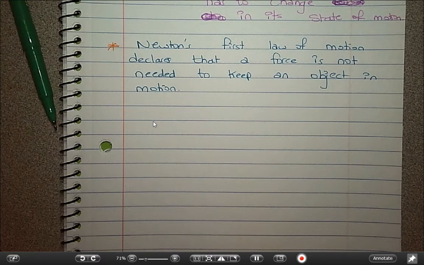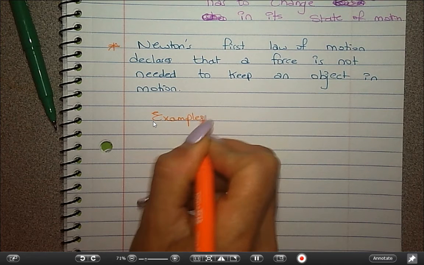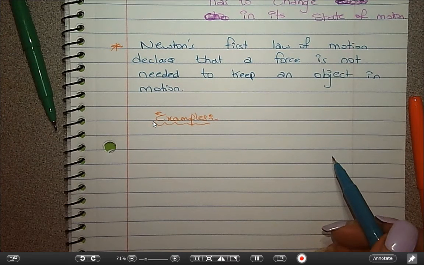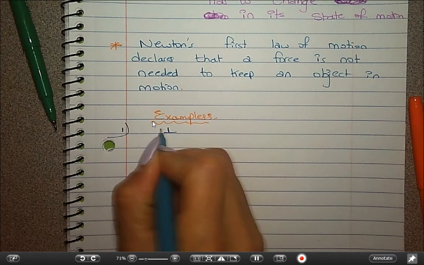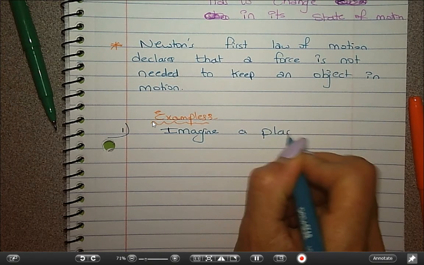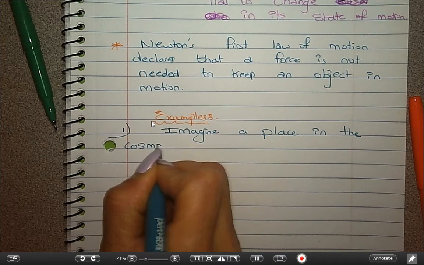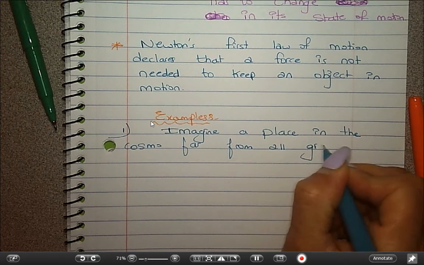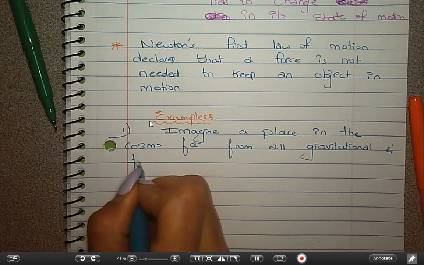Okay, so let's do some examples. So imagine a place in the cosmos far from all gravitational and frictional influences.